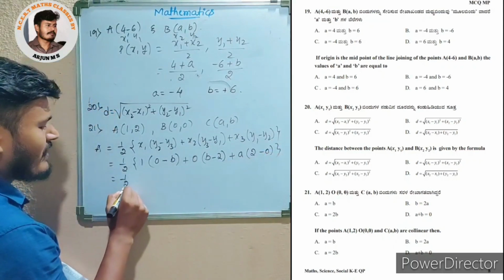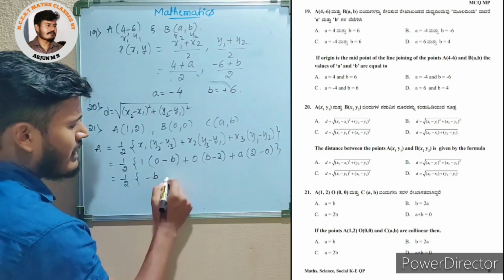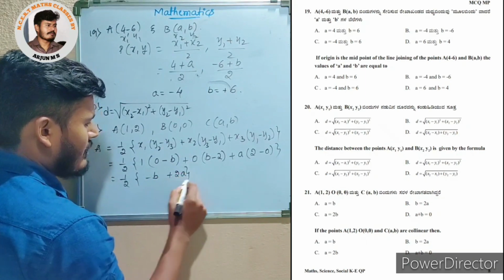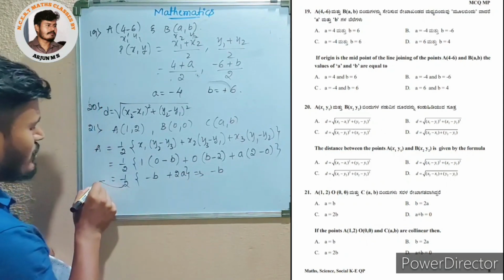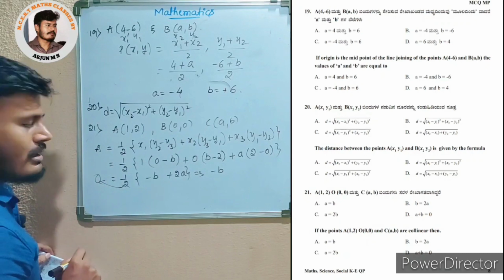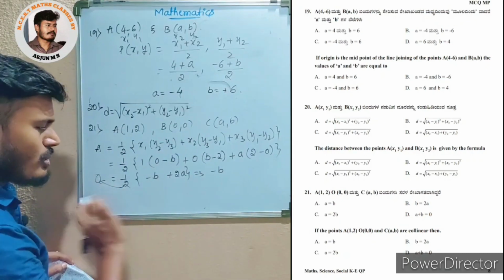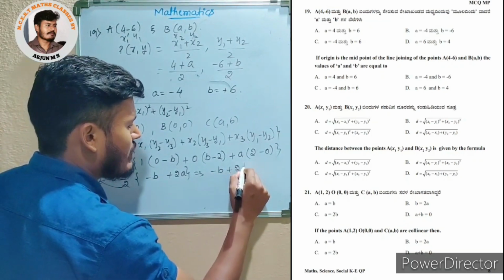You just simplify this one. 1 into minus b here, 0, plus 2a. So then minus b transposed to the other side, because the area should be equal to 0 since these 3 points are collinear. So 0 into 2 is equal to 0. Then the remaining values are minus b is equal to 2a.